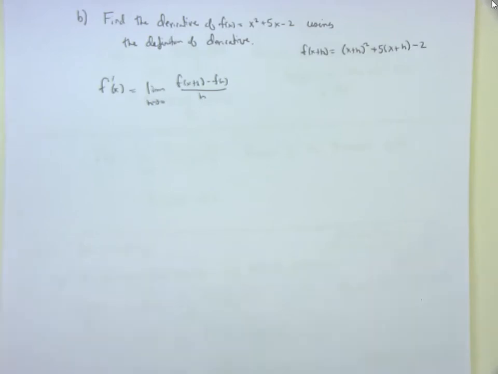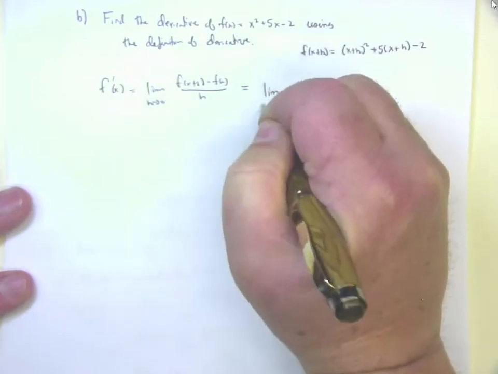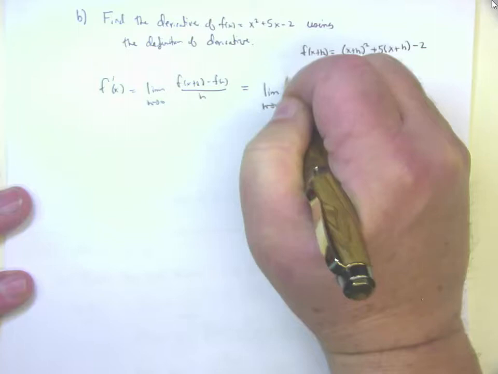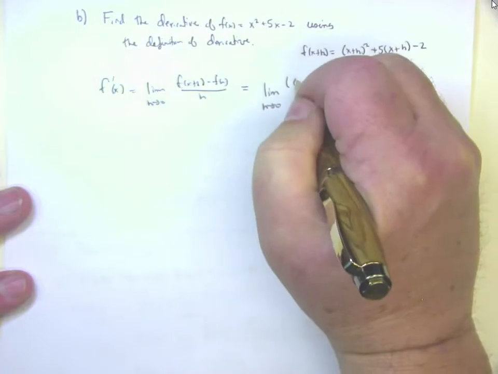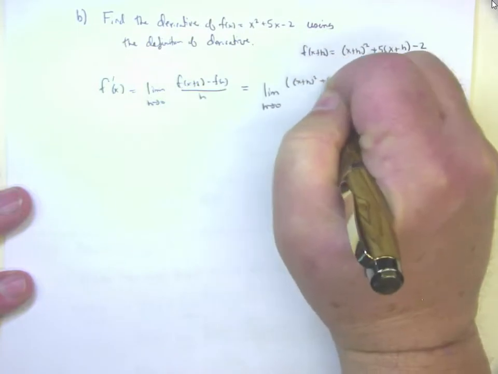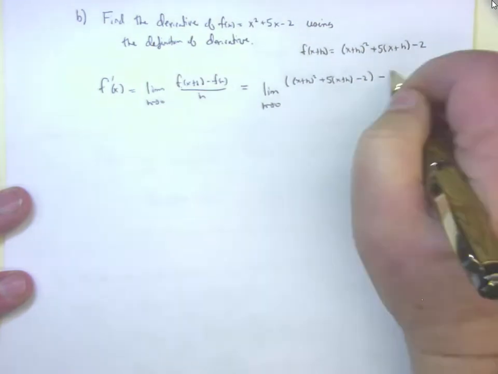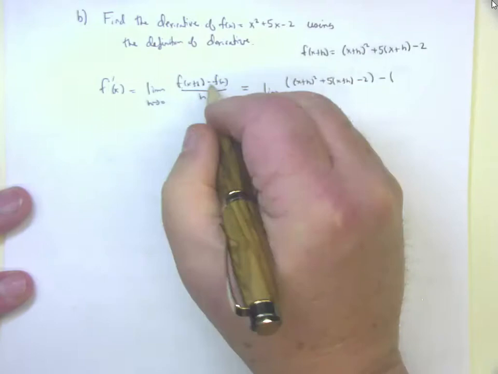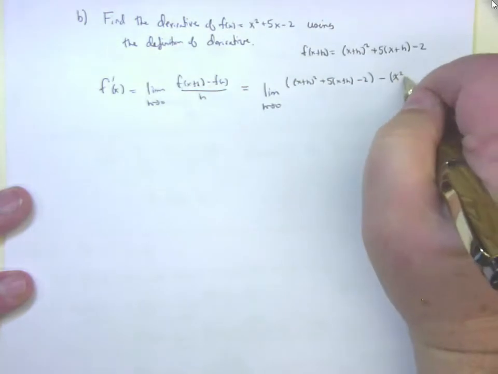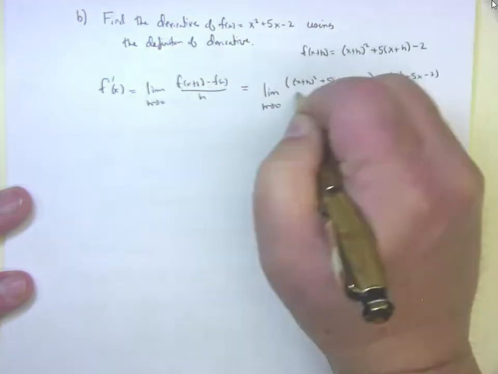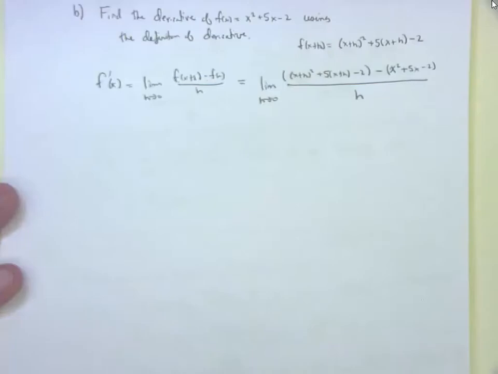So here we go. This formula would be equal to the limit as h approaches 0 of f of x plus h, which is this, x plus h squared plus 5 times x plus h minus 2, minus f of x, just recopy f of x down, which is x squared plus 5x minus 2, all over h.